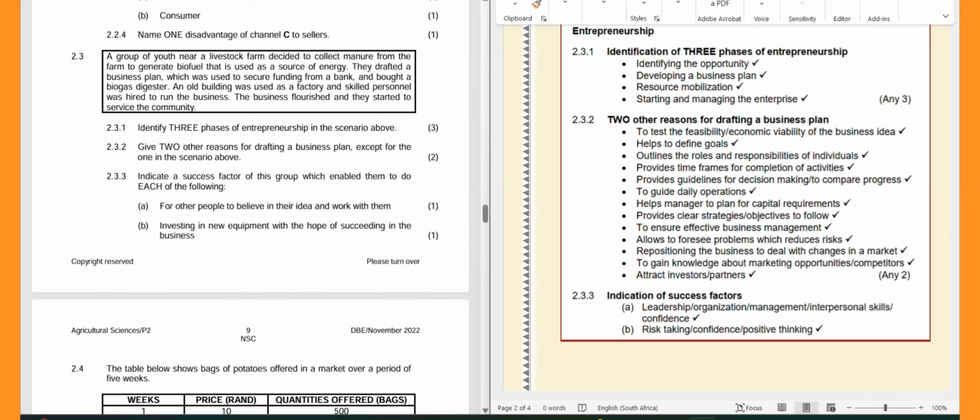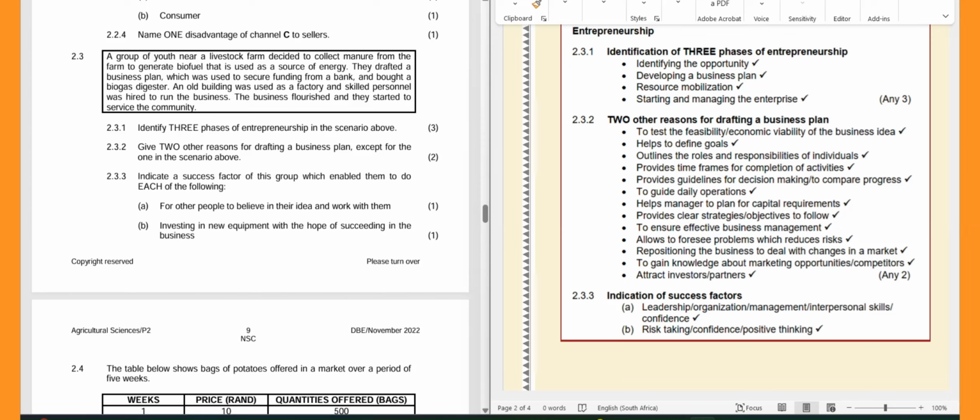2.3.2, give two other reasons for drafting a business plan except for the one in the scenario above. Okay. So two other reasons for drafting a business plan: to test the feasibility or the economic viability of the business idea, right? To guide daily operations of the business.